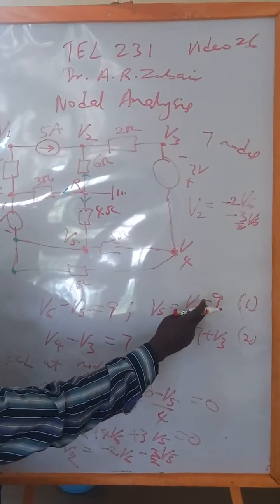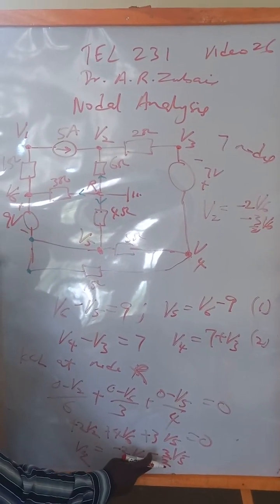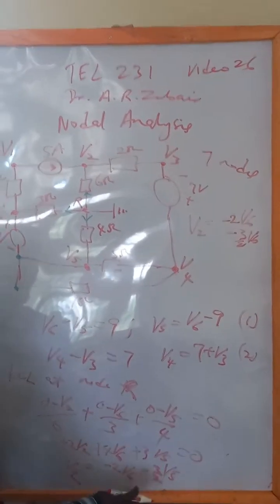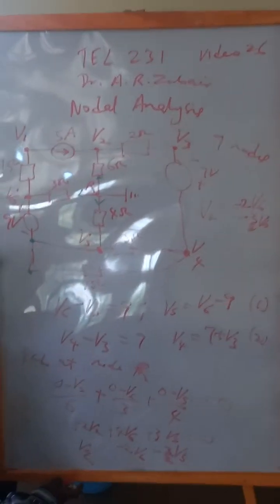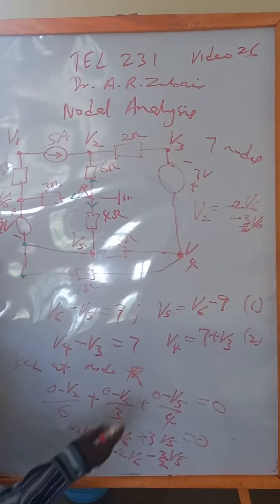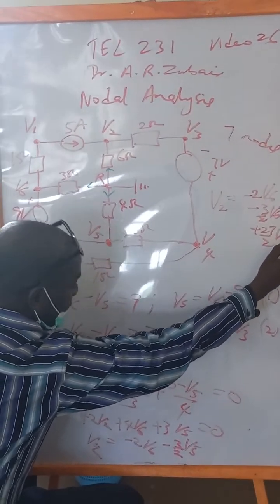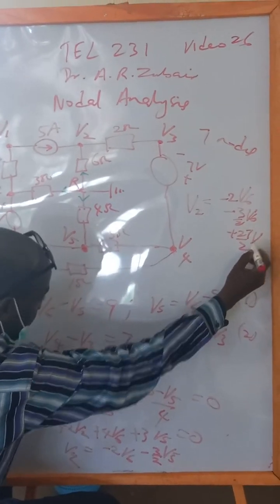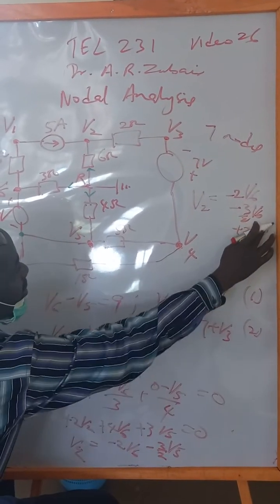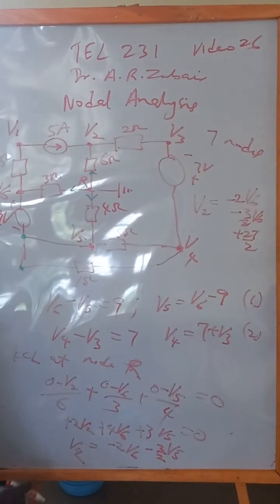Then I have minus 9 times minus 3 over 2, that will give me plus 27 over 2, because this is just an ordinary figure.